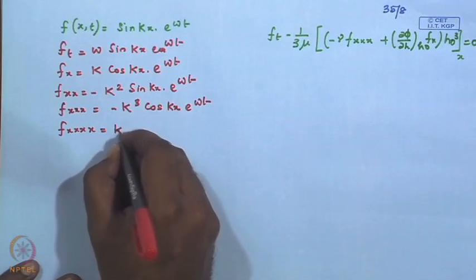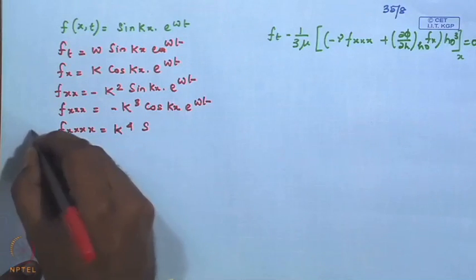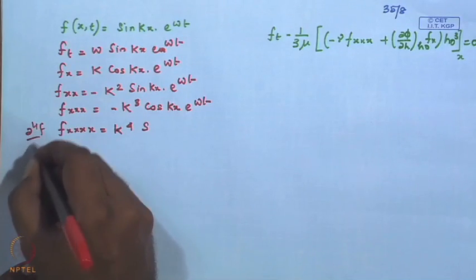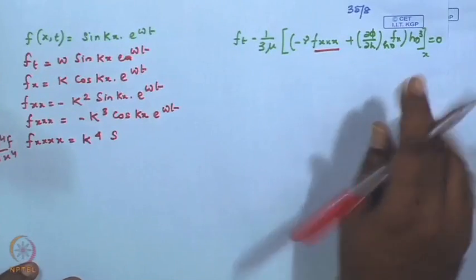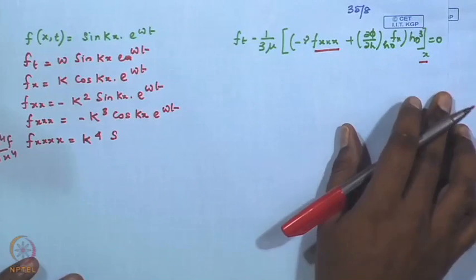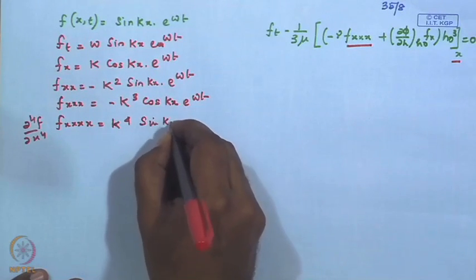Now, this is simple mathematics. You can just find out up to ∂⁴f/∂x⁴, because you will be needing it. You already have f_xx and another derivative f_h. So, you need up to this particular term.